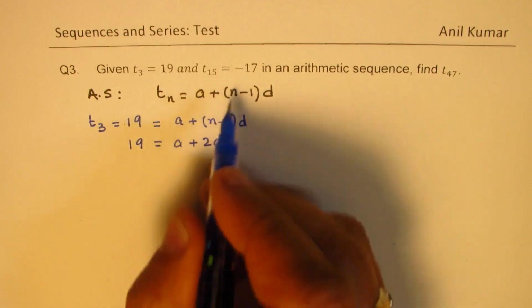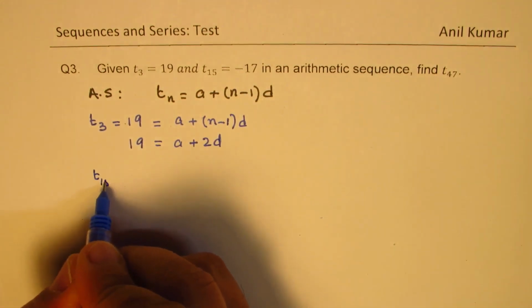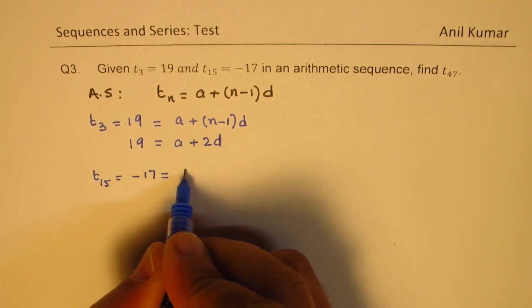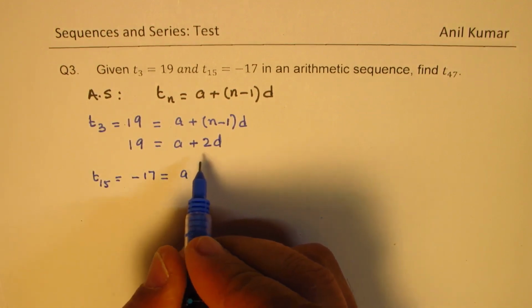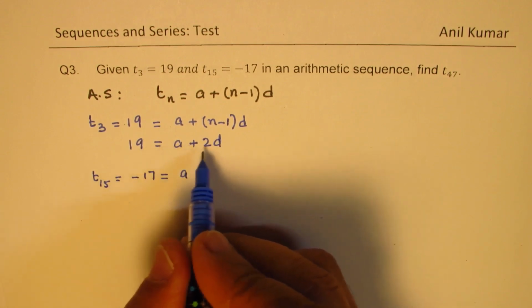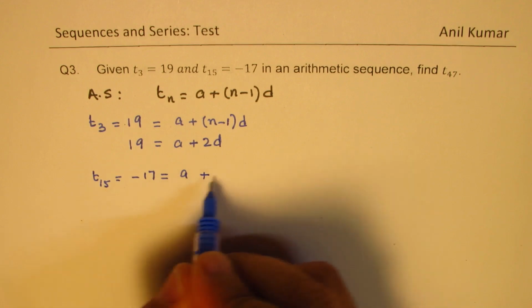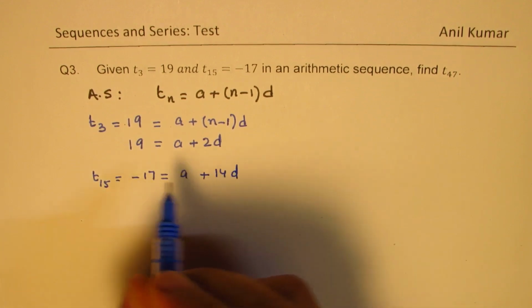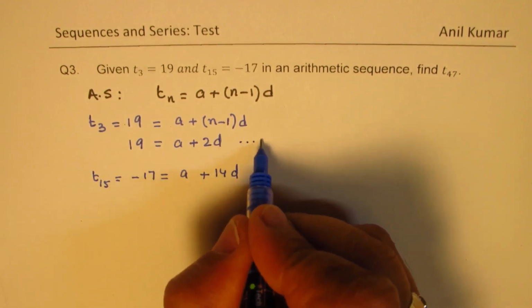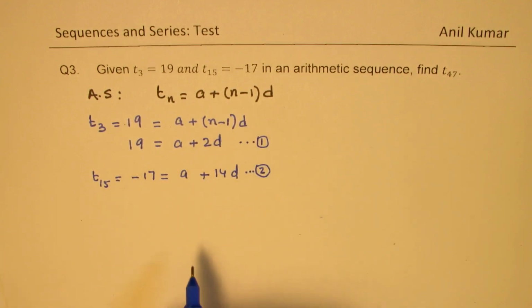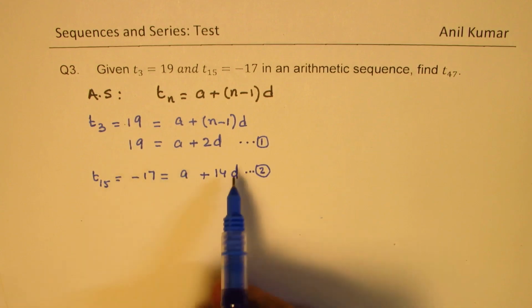Now for T15, which is given to us as minus 17, we could write this as a plus 15 minus 1, which is 14, so 14d. We need to find a and d. So we basically get two equations, equation 1 and equation 2, and from these we can always find a and d.